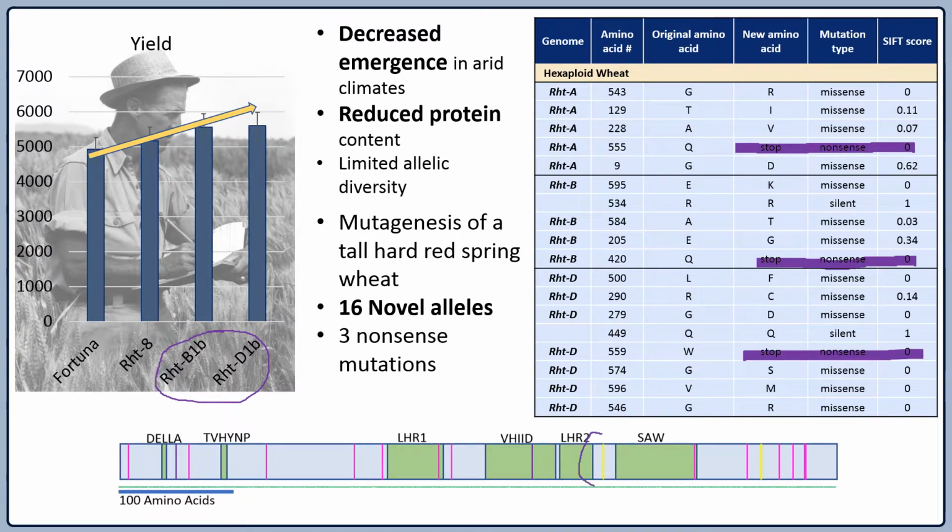The B stop mutation is about 3/4 through the gene, whereas the A and D stop mutations are very near the C terminus of the gene. The green boxes on this diagram represent the known binding motifs within the RHT1 protein. So we wanted to see how mutations within those known domains would impact the protein structure on a molecular level.